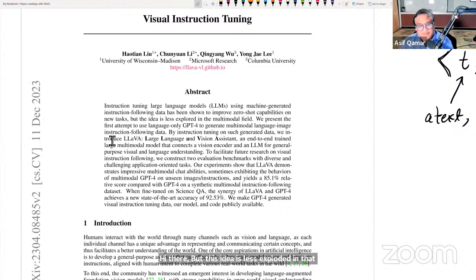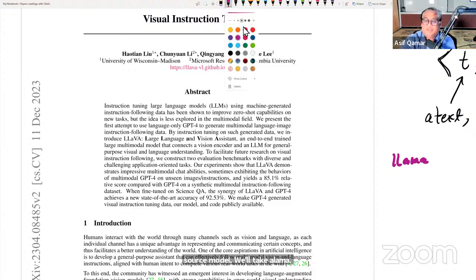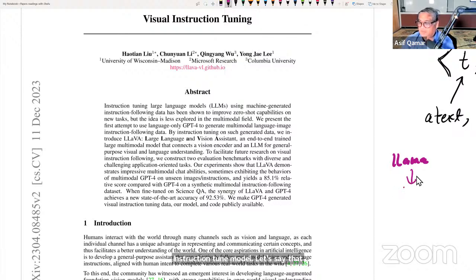Now, they go on to say, we present the first attempt to use language-only GPT to generate multimodal language-image instruction following data. So suppose our goal is, let's take an open source model, a Llama instruction tuned model, and its variants like Vicuna.